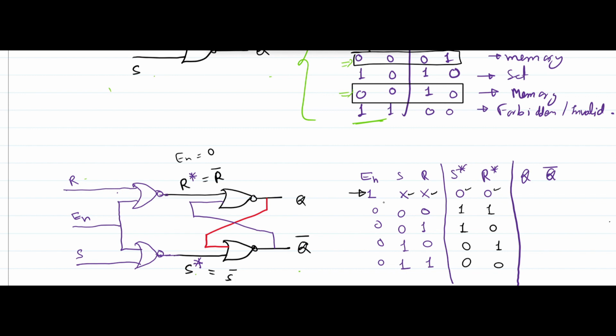Now the conditions here: when enable is 0, S will be 0 and R will be 0, so S star is 1 and R star is 1. Similarly, for 0 1 it will be 1 0, for 1 0 it will be 0 1, and for 1 1 it will be 0 0.